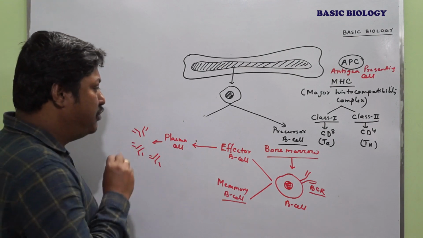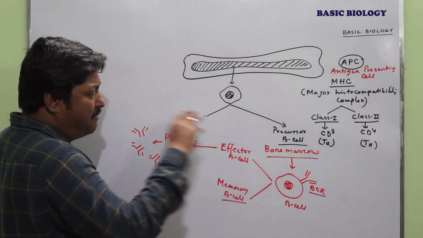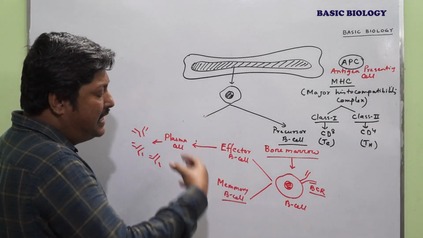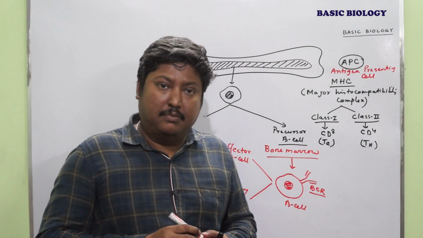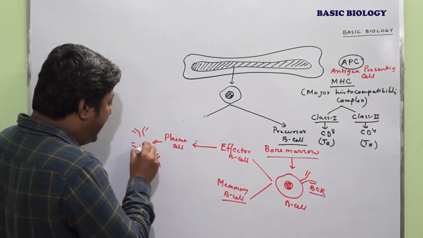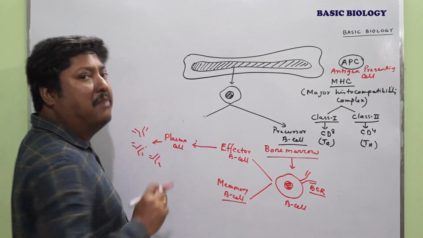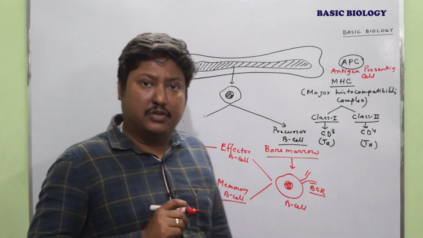But one thing you have to remember is that AMI, or antibody mediated immunity, is not an independent process, because the secretion of antibody depends on the CMI, that is, cell mediated immunity.